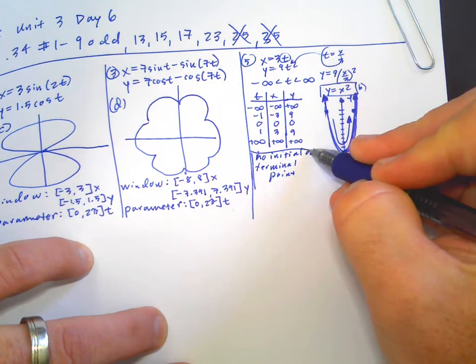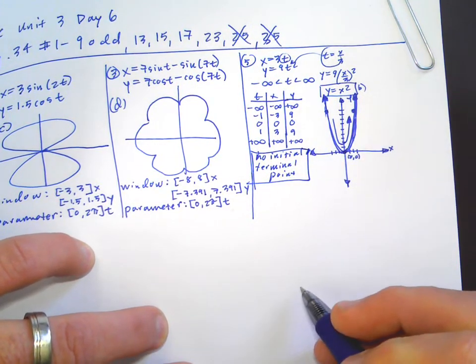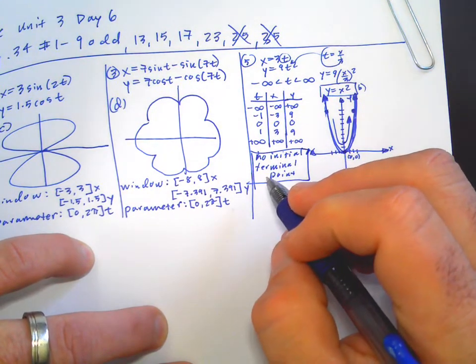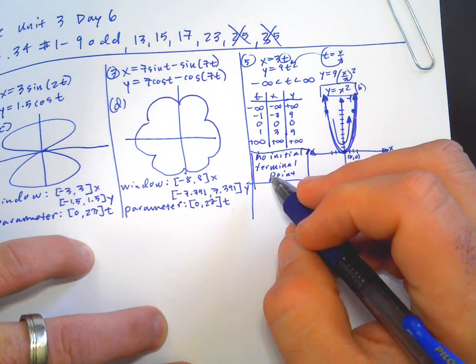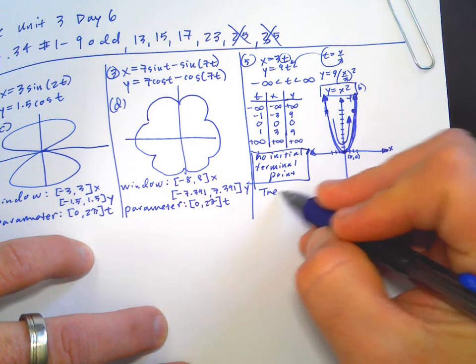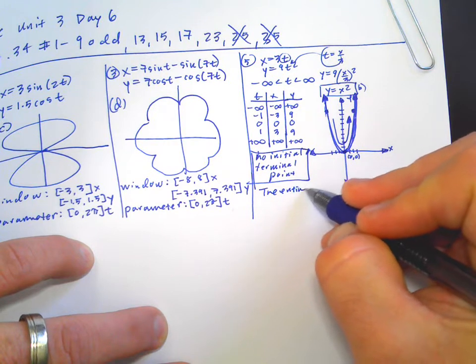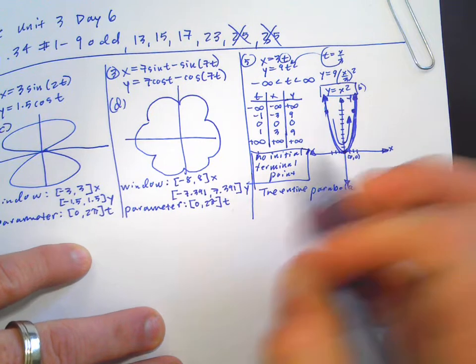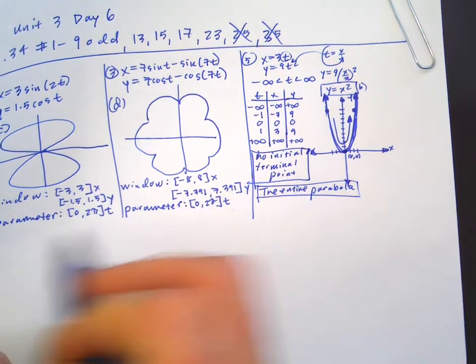So that's part of our answer. And it says what portion of the graph. So it's the entire parabola that is graphed. So something like that.